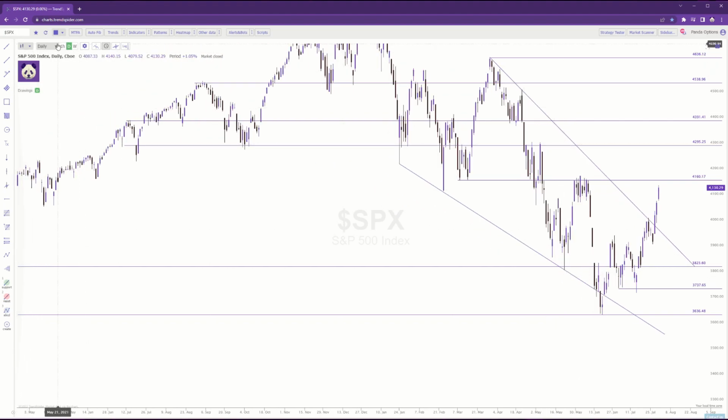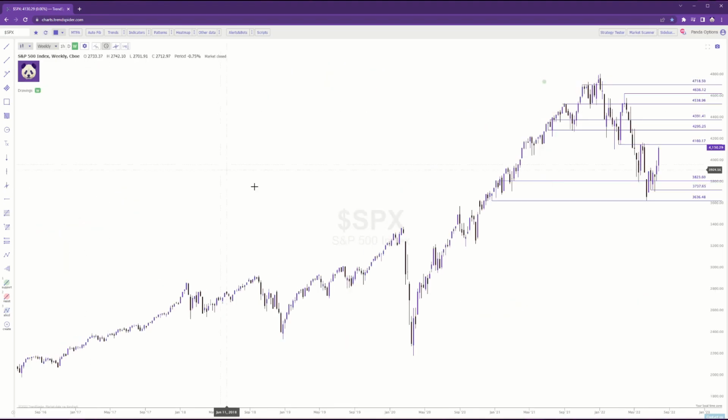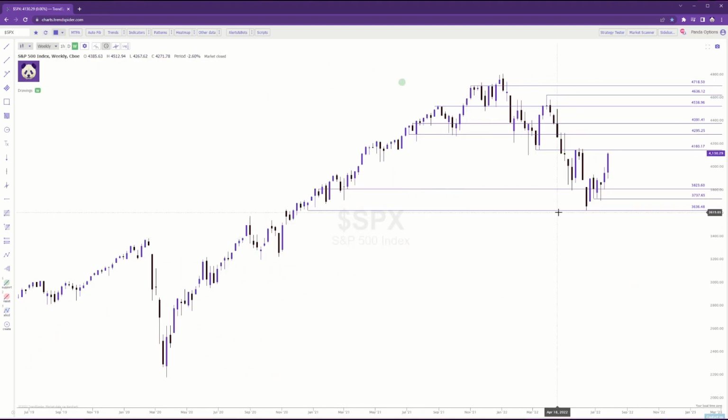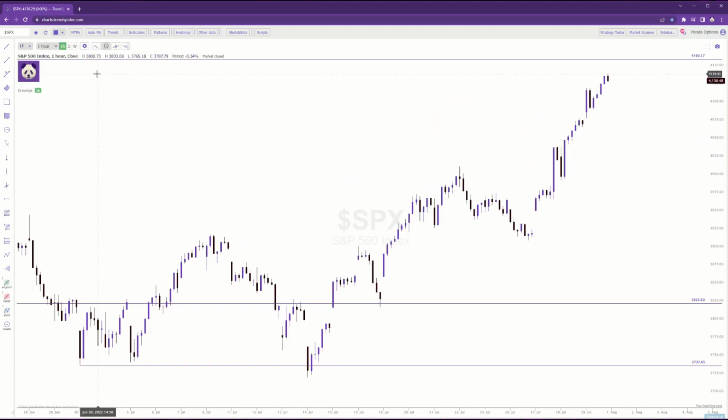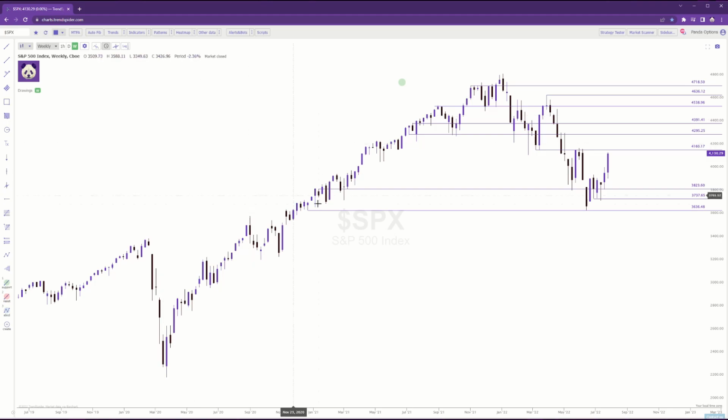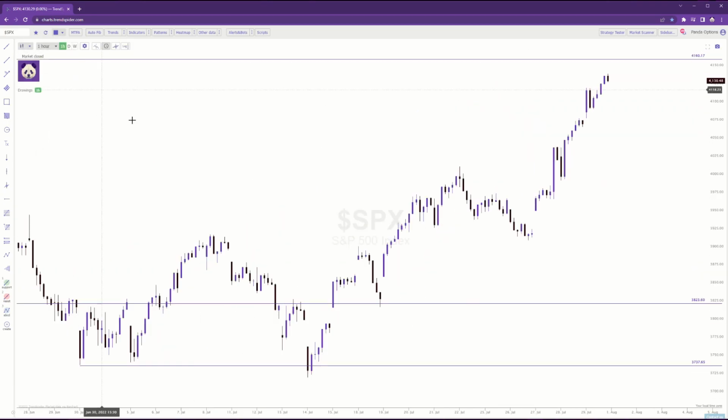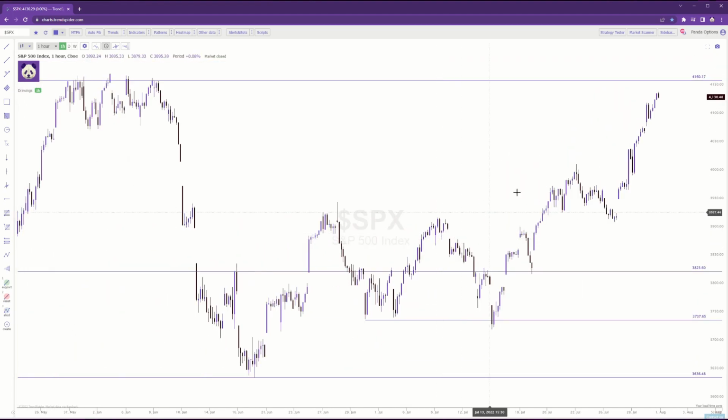If you're looking at a weekly chart, a weekly level is going to be stronger than an hourly level, right? So you can expect a bigger move if a weekly level breaks versus an hourly level. If we zoom into the hourly, you might not get quite as big of a move, but it's within the context of time.